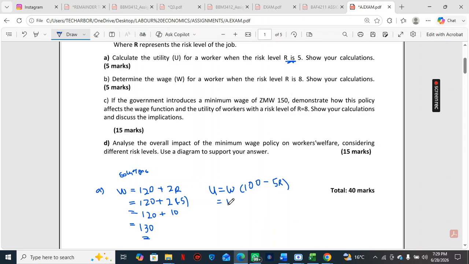So W is 130, with 100 minus 15R. R is still 5, so we substitute R with 5.